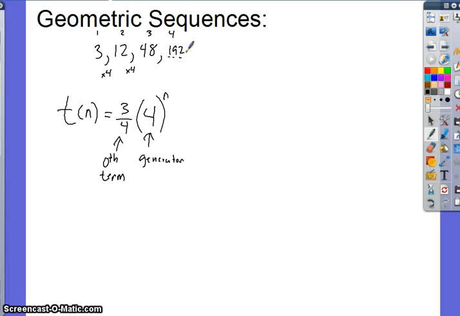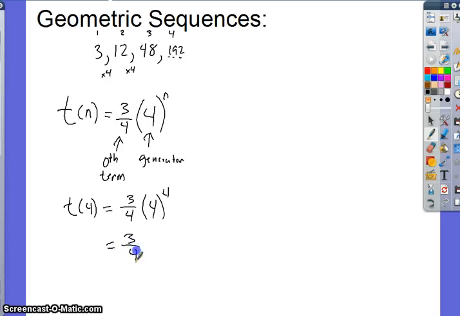Well, my explicit equation, I should be able to find that as well. The 4th term of the sequence is equal to 3/4 times 4 to the 4th power. So here I have 4 to the 4th power. 4 times 4 is 16, times 4 is 64, times 4 is 256.